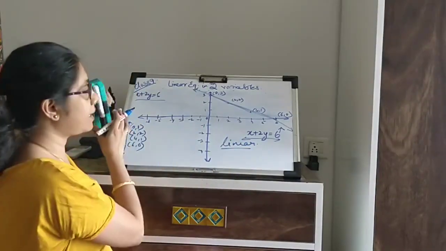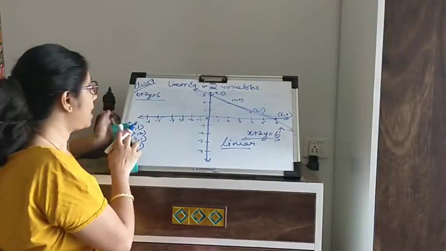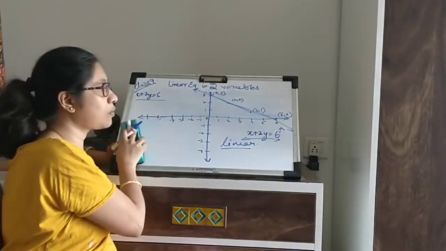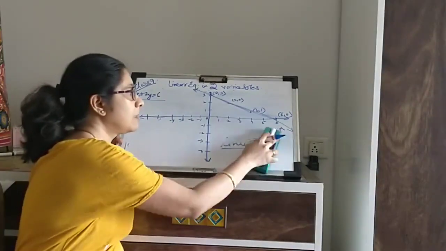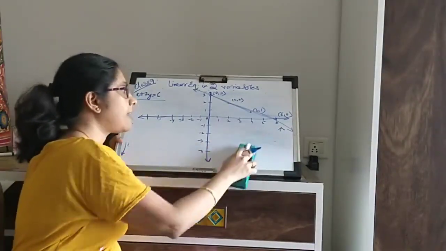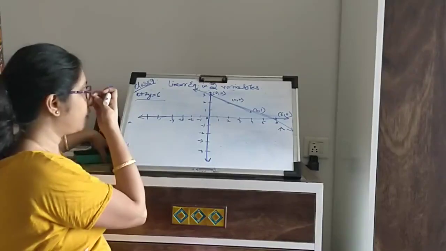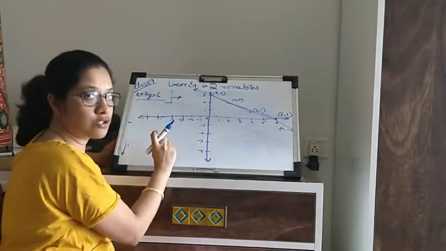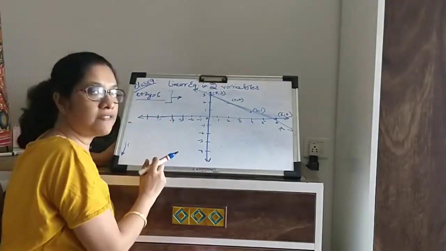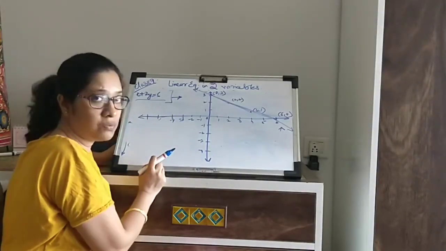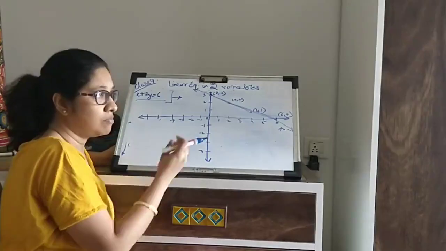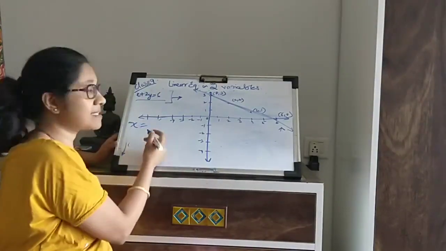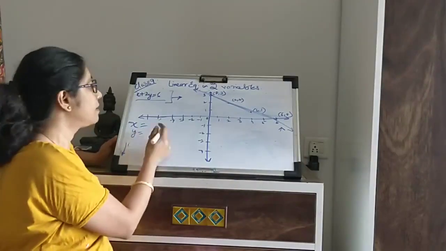So, I'll do a quick recap of how to plot a given linear equation on a Cartesian plane. What you need to do is simply pick a couple of solutions to a given linear equation. How? Just randomize certain values. Use one value of x and get the other value of y.